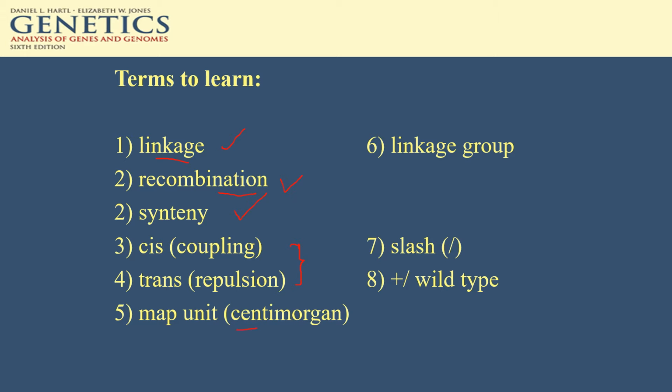Then we will talk about what centimorgans are and how we used to map chromosomes before and how we do it now, and also what linkage groups are. In addition to this, we will cover a little bit of the nomenclature that we use to describe genotypes, not only in fruit flies but in other organisms.